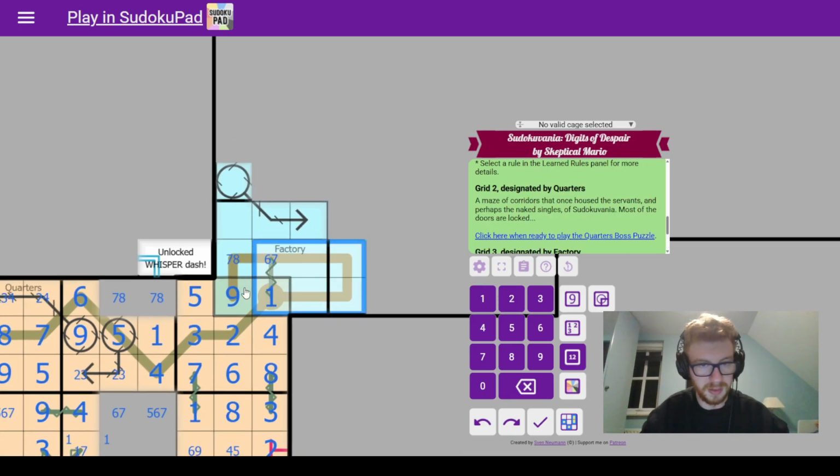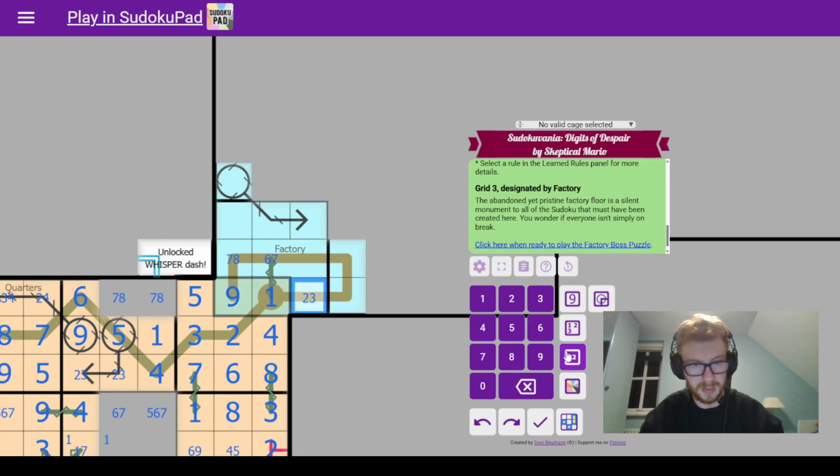This is an 8 cell thermo, so we can immediately pencil mark it quite easily. 3, 4, 4, 5, 5, 6. And this is at minimum 2, no, not 2, 3, 3, whoa, 2, 4.